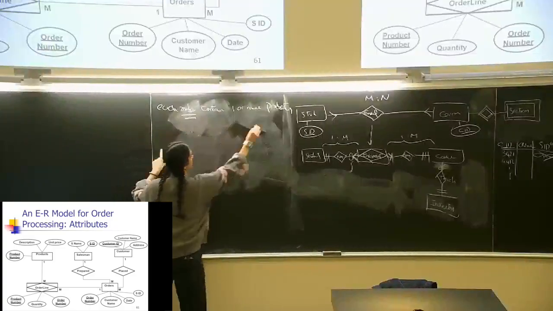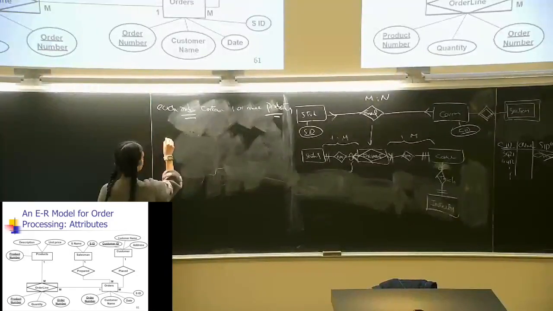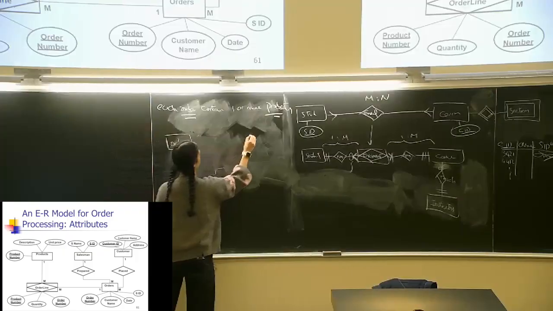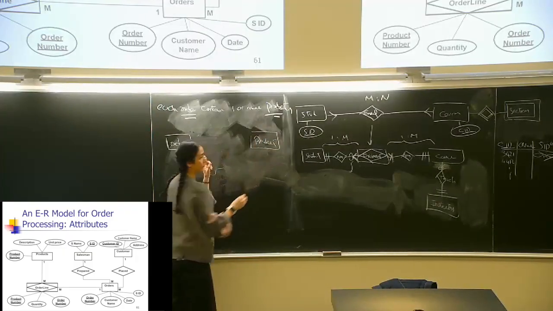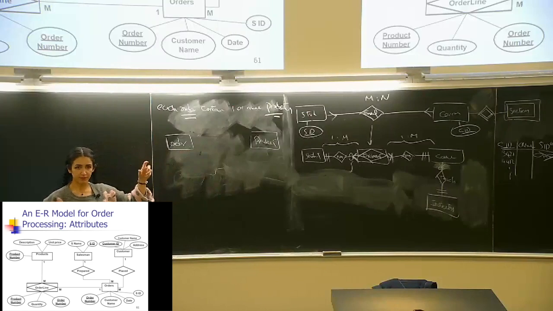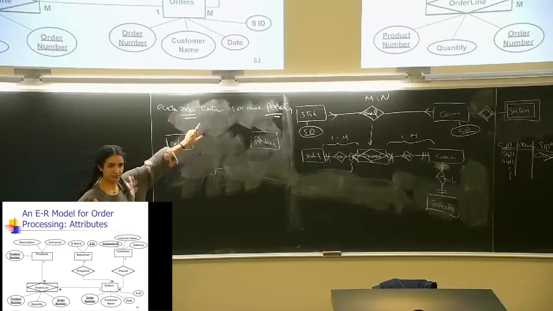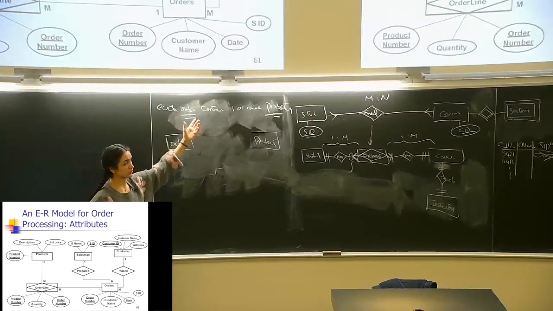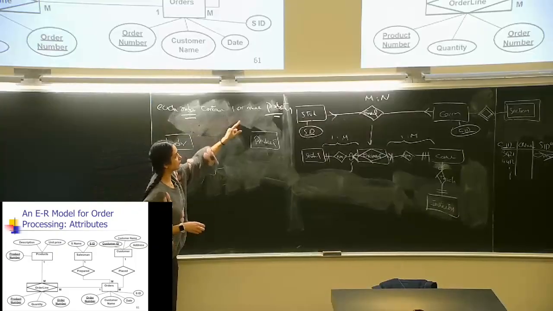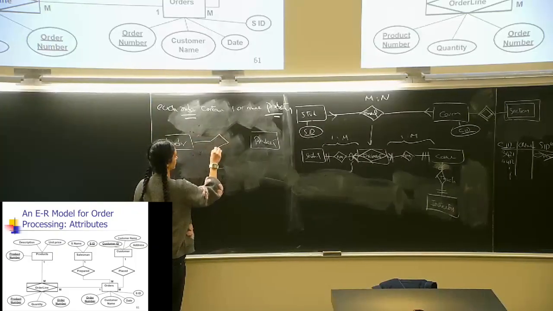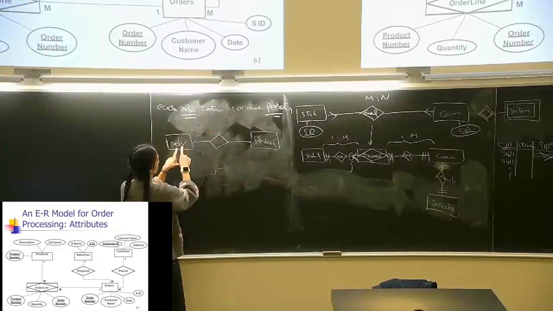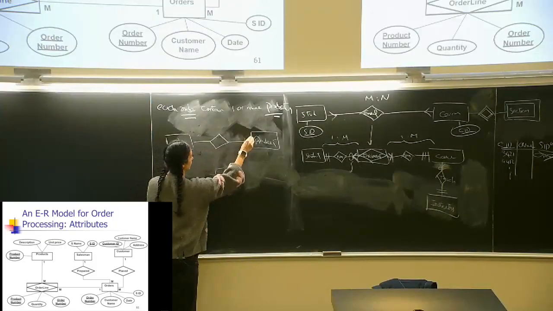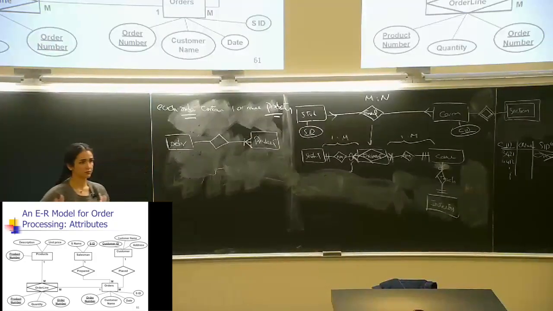Because product and order are your entities, and one should be able to infer the model based on the rules that you define. So if your rule is each order contains one or more products, I can draw this: each order contains one or more products.